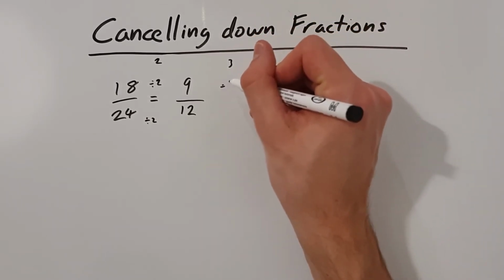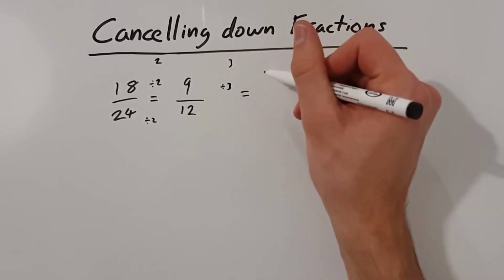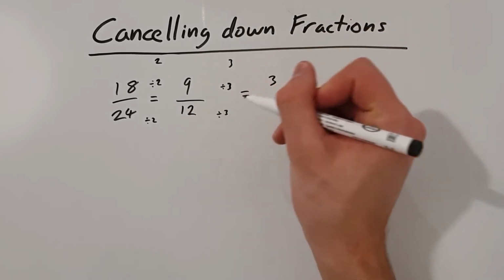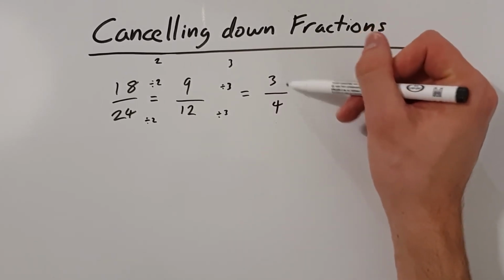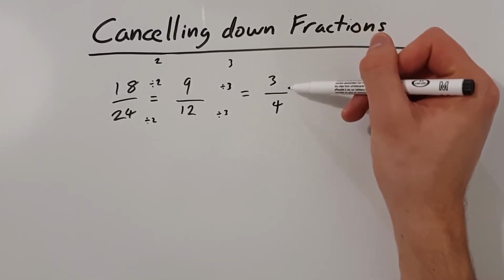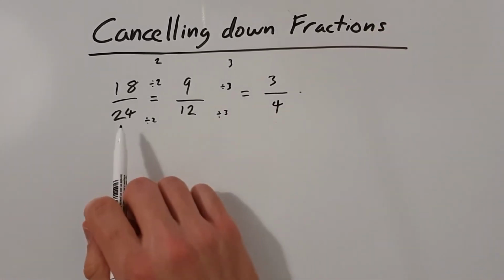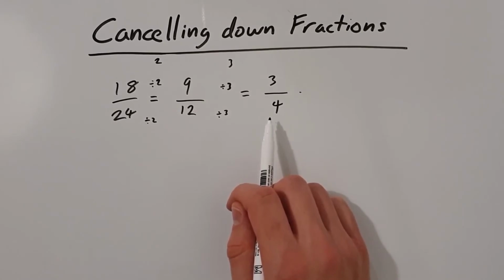So we divide the 9 by the 3, that gives us 3, and the 12 divided by the 3 gives us 4. And here we are with 3/4, and we can't go any further. We know 3 is a prime number, so we can't divide it by any more. There's no more common factors, so now we've reached the end of our simplifying. 18/24, simplified all the way down, becomes 3/4.